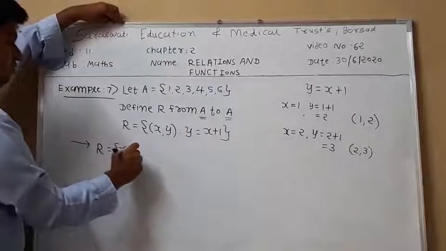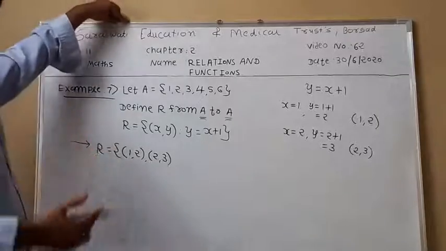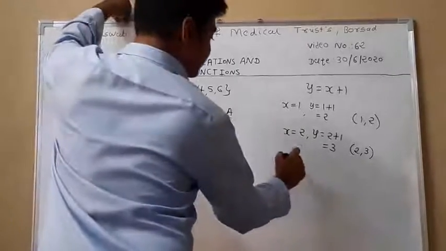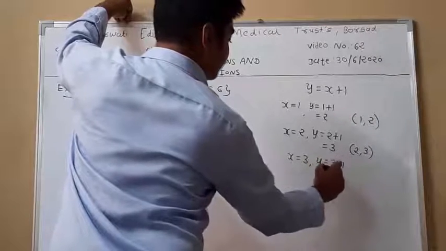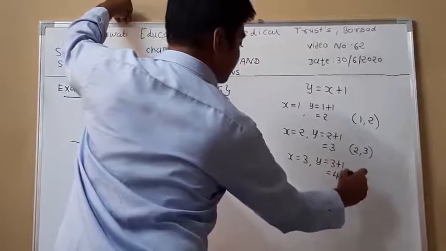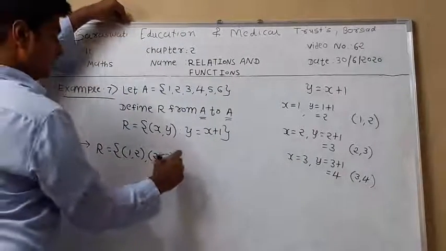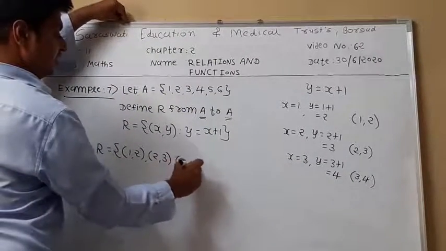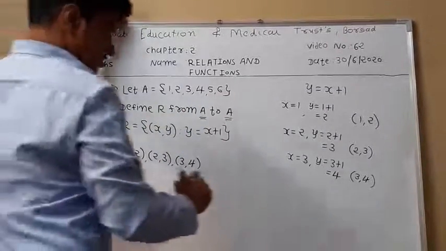Now after substituting x is equal to 3, y is equal to 3 plus 1, that means 4. So here we get another ordered pair, (3, 4). Right? 3 and 4 are also present in set A.